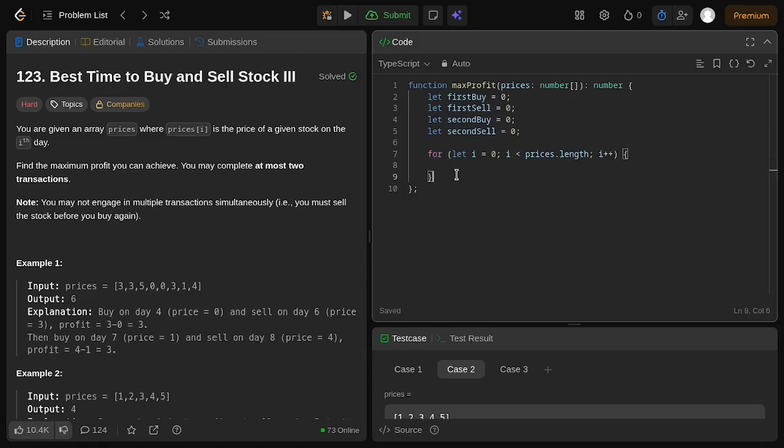And for the next one, we need to return the second sell. It's because we are accumulating from the first buy, first sell, second buy and second sell to see the maximum profit that we can get from the final second sell. And we can just return the second sell variable right here, which is initialized as 0.